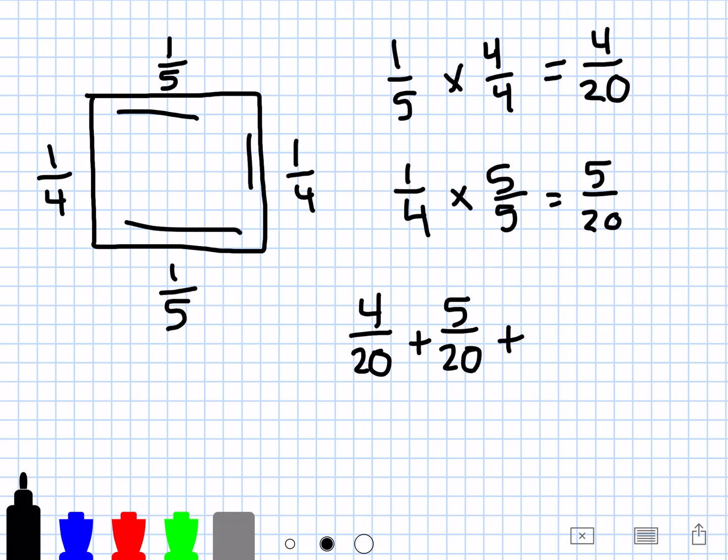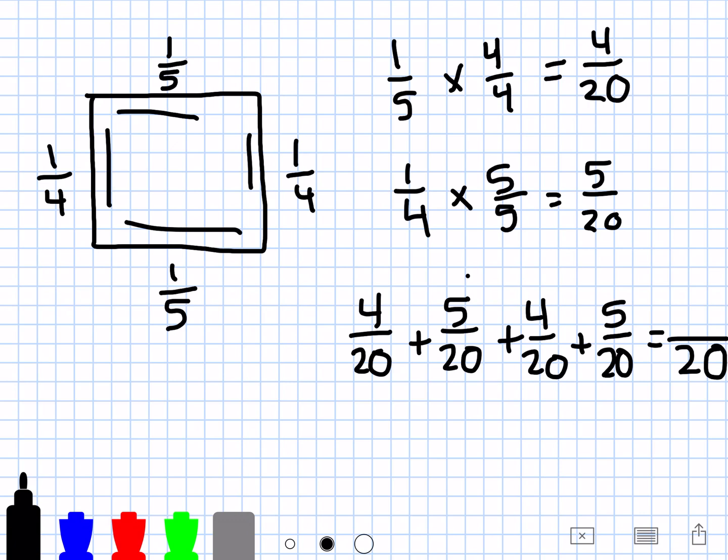Then we'll add 1/5 again, which is 4/20. And last but not least, we'll add 1/4, which is 5/20. Well, when we add all these up, we know we don't add the denominator, so that denominator is still going to be 20.